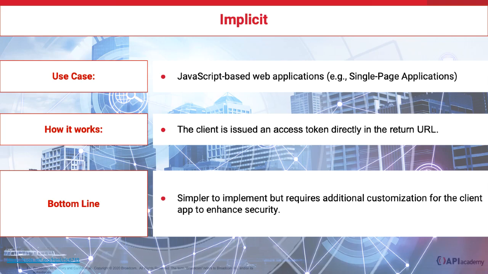The implicit grant is a simplified authorization flow optimized for JavaScript applications, particularly single-page applications, where the client secret cannot be shared or stored. While it is very much simplified in comparison to auth code grant types, the client application requires the implementer to customize it further for enhanced security, like validating state. As such, this grant type is recommended for internal applications and not for external apps or enterprise-grade solutions.